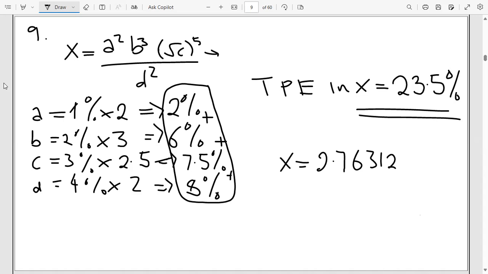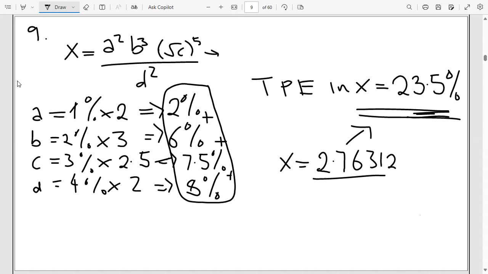So we found the percentage error of this to be 23.5%. So what are we going to do first before we find to how much we rounded off? We're going to find the absolute error of this. And how are we going to find the absolute error? By multiplying the percentage of this by this. So we're going to divide this by 100. We know how to multiply by percentages. So divide this 23.5% by 100 to get 0.235, and we're going to multiply this by 2.76312.